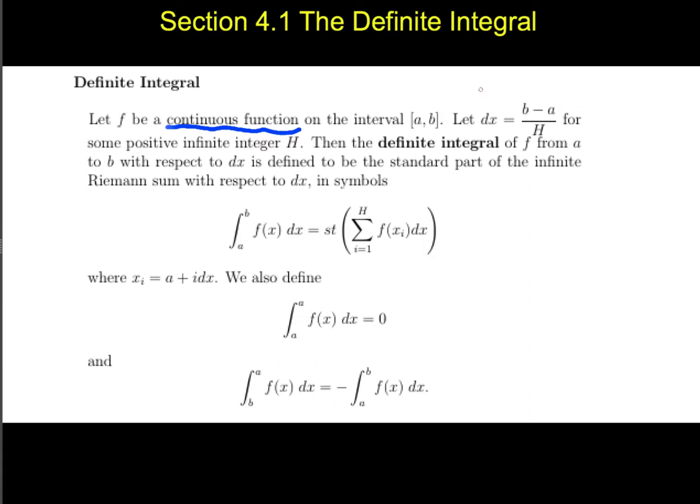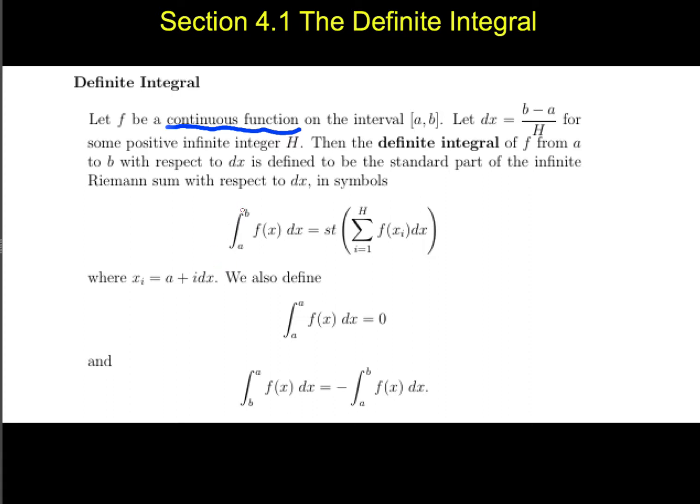And we're going to consider this infinitesimal dx, which is the length of the interval, b minus a, divided by H, where H is some positive infinite integer. Then the definite integral of f from a to b with respect to dx is defined as the standard part of the infinite Riemann sum.